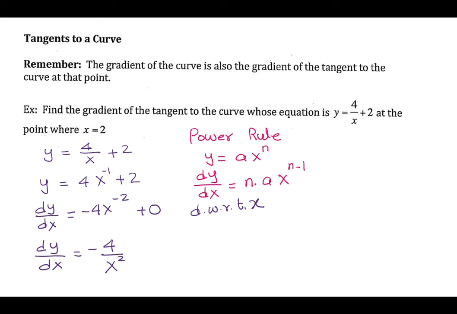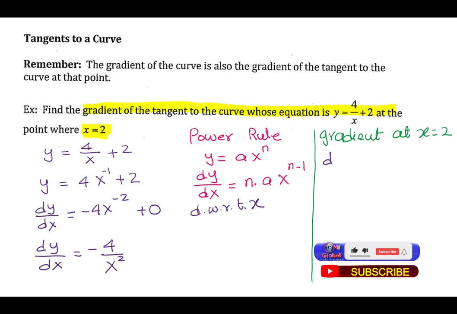But the question here is, find the gradient. The derivative gives you the gradient of the tangent to this curve, but we have to find it at x equals 2. So let's do the second part now, which is the gradient at x equals 2. The nomenclature is to write it like dy/dx, differentiate with respect to x, and find the derivative at x equals 2.